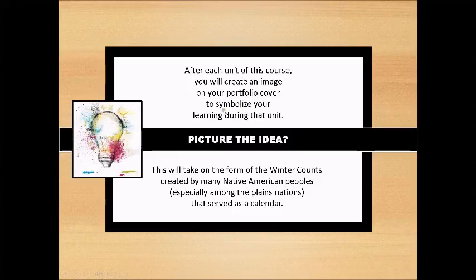Each will represent one of the units done during this course. I want this to take on the form of the winter counts with that spiral format, because everything that we are doing should relate to each other and the course aim of understanding how art communicates.